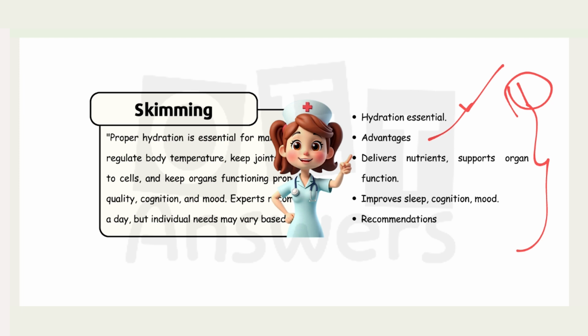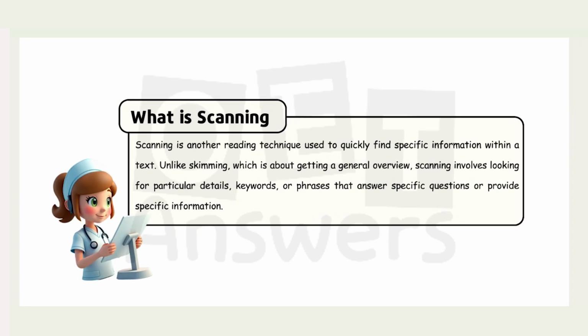Delivering nutrients and supporting organ function you can also see after the advantages. And improving sleep, cognition, and mood comes under the psychological state. The final recommendation is 8 glasses of water, based on the activity level. That is how I'm explaining it now, so you have to get the same idea when you are working on reading part A. Clear? That's all about skimming.